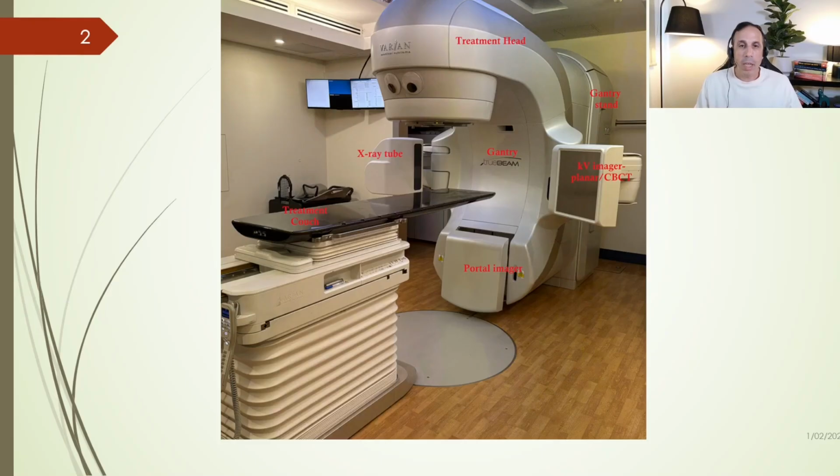Now let's take a look at this Linac figure. It is the figure we can see in all hospitals we are working or we are going to work. A linear accelerator is a device that accelerates electrons to high energies in a straight path using radio frequency waves and produces electron or photon beams for radiation therapy.